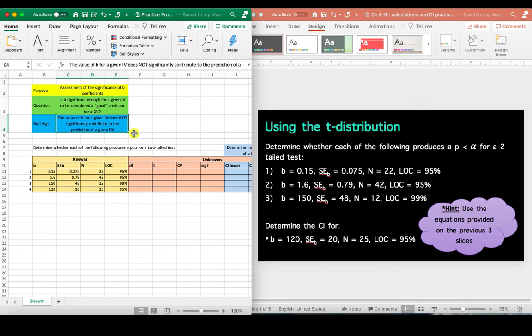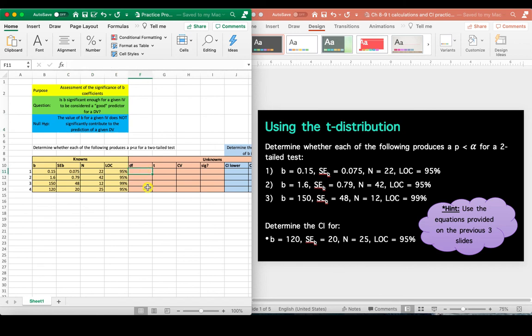Now remember, regressions create equations in order to predict values of a dependent variable based on measured values of an independent variable. So we're working off of the B coefficient that would be given in a regression line, and we're saying, is that significant enough to predict whatever our dependent variable is?